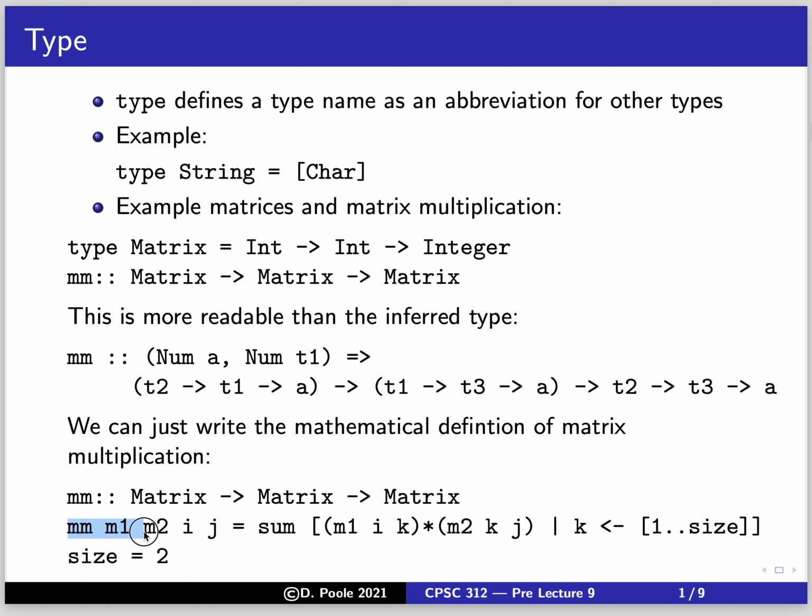The matrix multiplication of matrices M1 and M2 is a matrix, but a matrix is a function that, given indices i and j, returns this value for that matrix at position ij. That's how we're going to read this. It's much more readable because we have it written in terms of matrices.